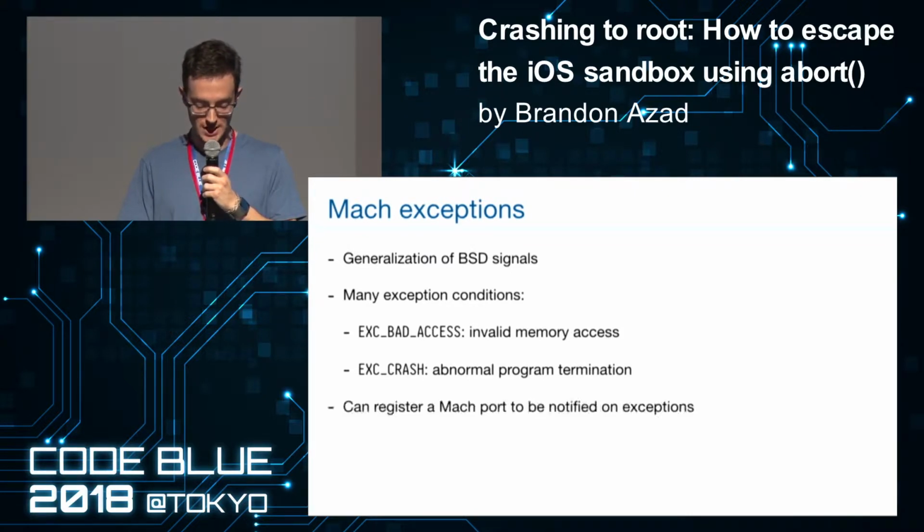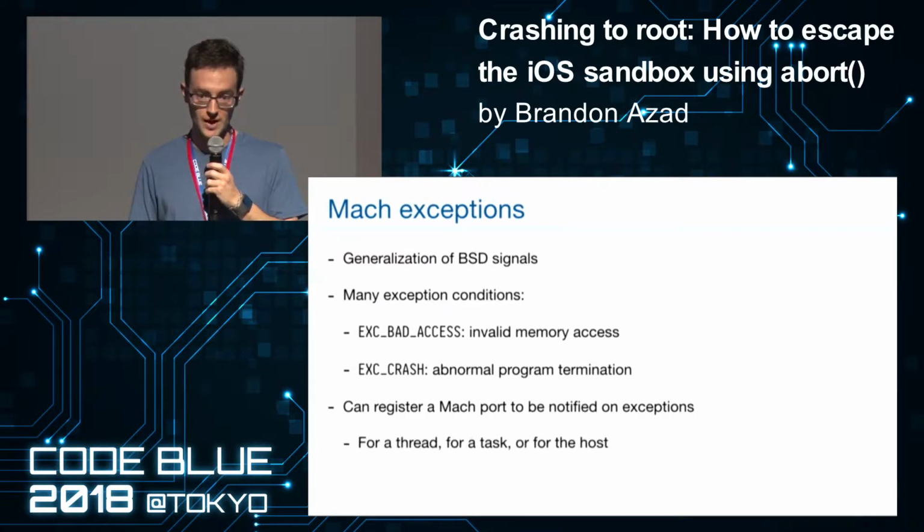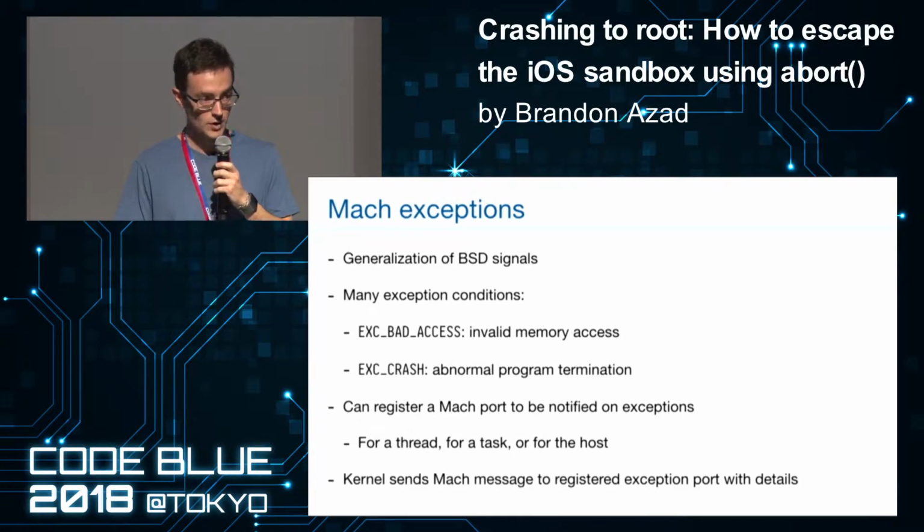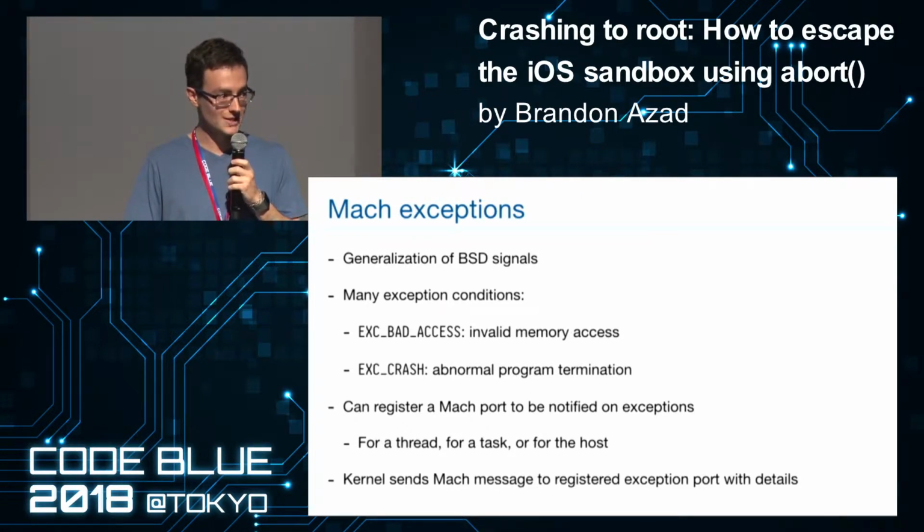For each of these exception types, we can register a Mach port to be notified when an exception occurs. And this notification can occur at 3 levels of granularity. You can register to be notified when a particular thread generates an exception, or when any thread in a particular task generates an exception, or when any thread on the whole host generates an exception. And once an exception does occur, the kernel will send a Mach message containing details about the exception to the registered exception port.